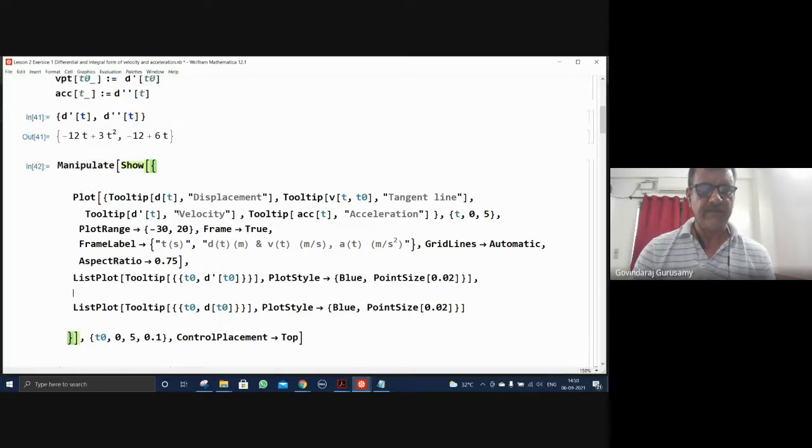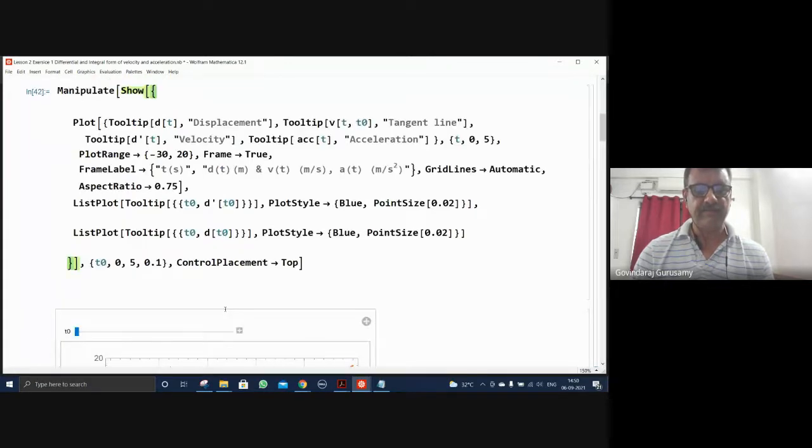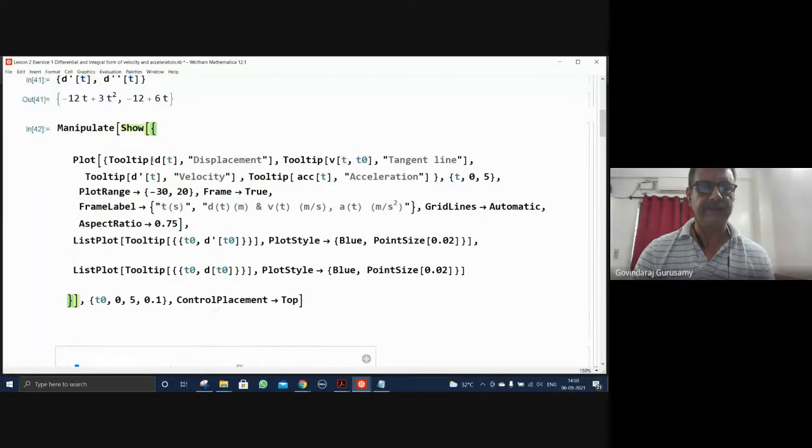Here the variable t is a function of time from 0 to 5, whereas the same function with t0 I am generating in the form of a list, from t0 to d of t0. So you will understand that's the purpose. Now I have given some of the details here.